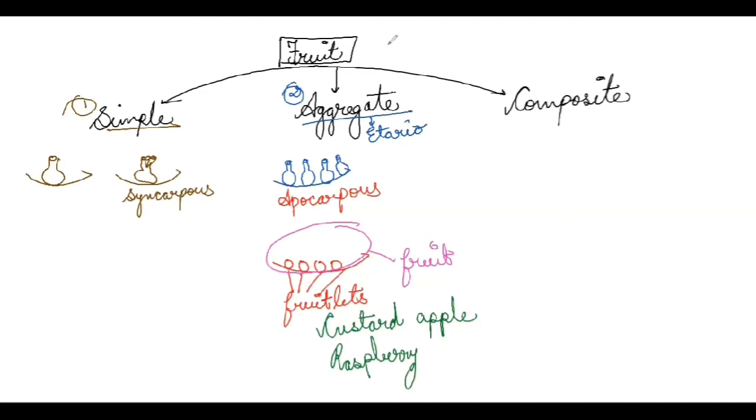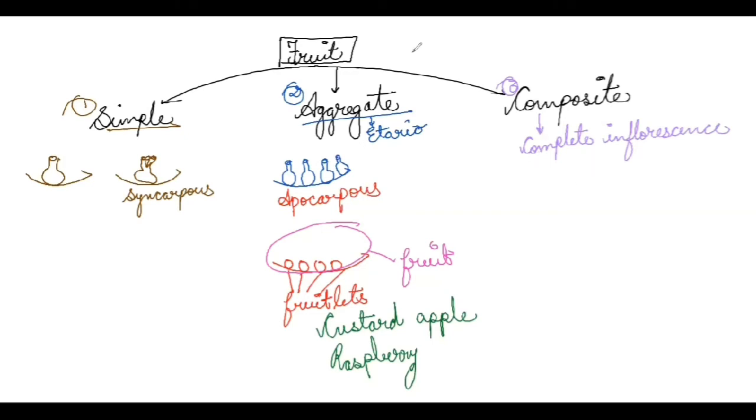Then the third kind of fruit is the composite fruit, number 3. Composite fruits means here the complete inflorescence is involved. Inflorescence means the arrangement of the complete flower on the floral axis.